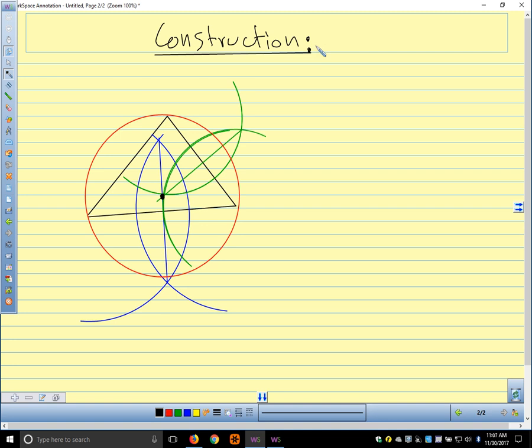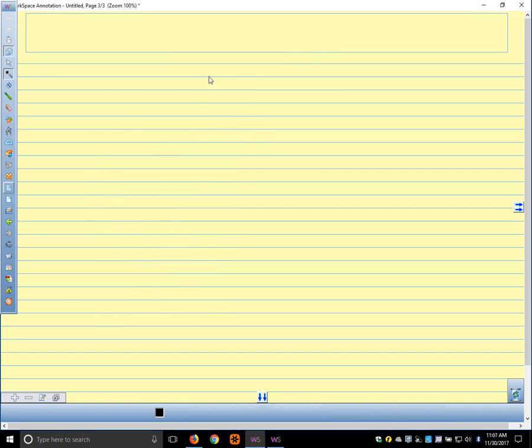Well, we get another point of concurrency from the angle bisectors. So that's our next theorem. The angle bisectors of a triangle are concurrent at a point.